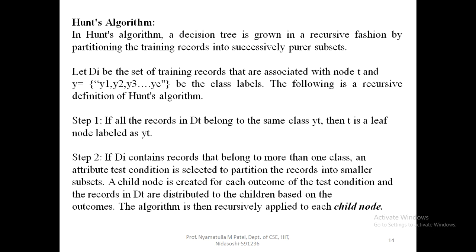In Hunt's algorithm, a decision tree is grown in a recursive fashion by partitioning the training records into successively purer subsets. Here we divide the training records part by part into purer subsets, such that the training records belong to only one class.